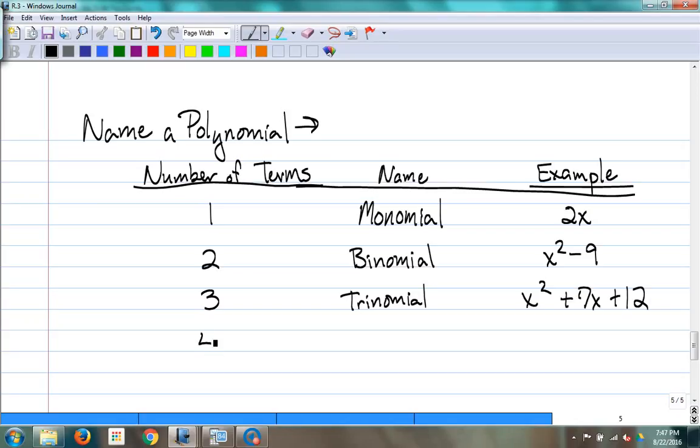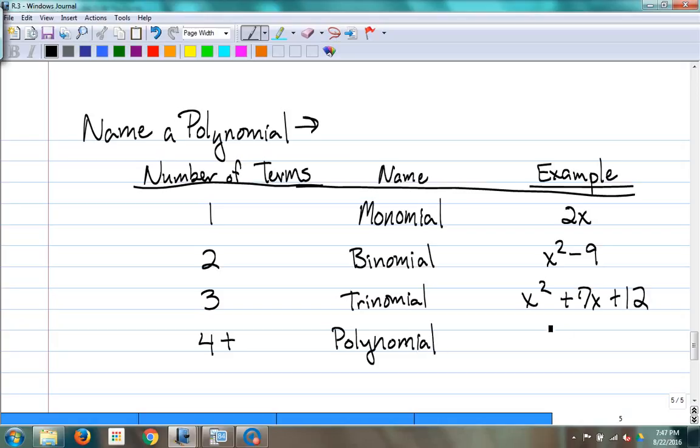Now, anything with 4 or more, we don't try to find that prefix for. So we wouldn't do a quadrinomial or a quintuple, or it's hard, you can't even say it. So anything 4 terms or bigger, we just call it a polynomial. Poly means what? A lot. Many. Polynomial means many.